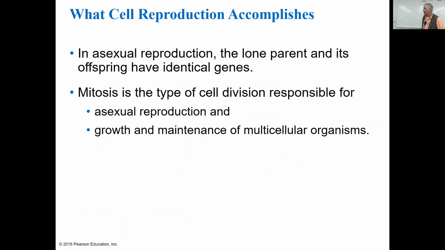Okay, in asexual reproduction, there is one parent, and it makes offspring that are genetically identical in every way. There's very little variation. Now, there is variation by mutation. We're going to get into that later on, about how when you copy DNA, you make mistakes.